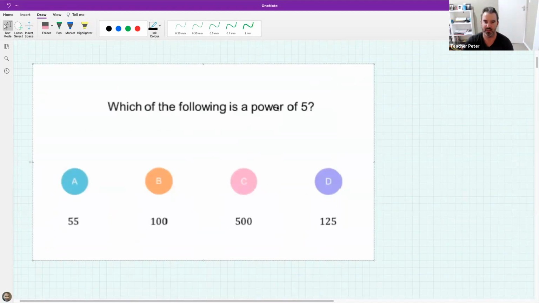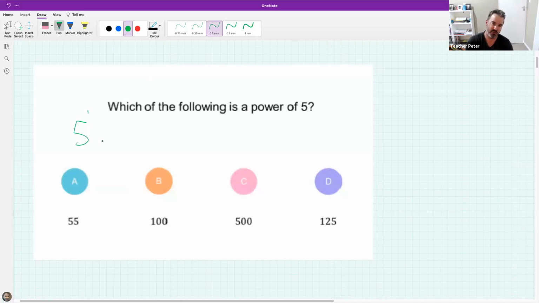Which of the following is a power of 5? A, B, C, or D? So when we say powers of 5, I want you to think.